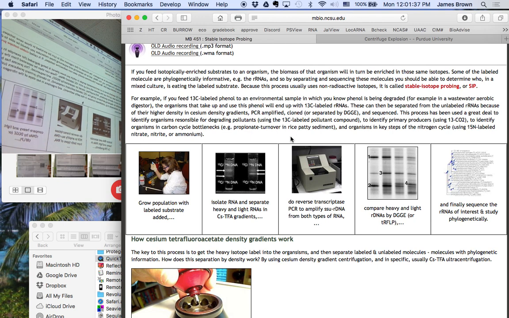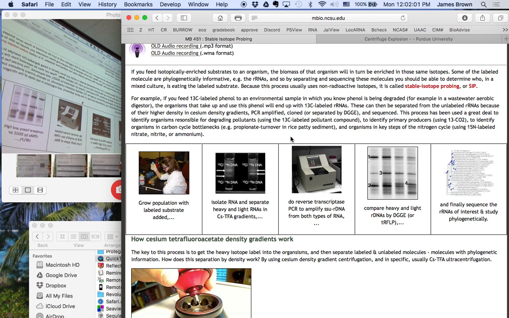The reason that happens, by the way, most often is because when you start this gradient out, this is a homogeneous solution. And in the case of RNA isolations, the density of RNA in the presence of cesium atoms is about 1.7. People often think that DNA has a density of 1.5, RNA has a density of 1.7, and protein has a density of 1.1. That's not true.